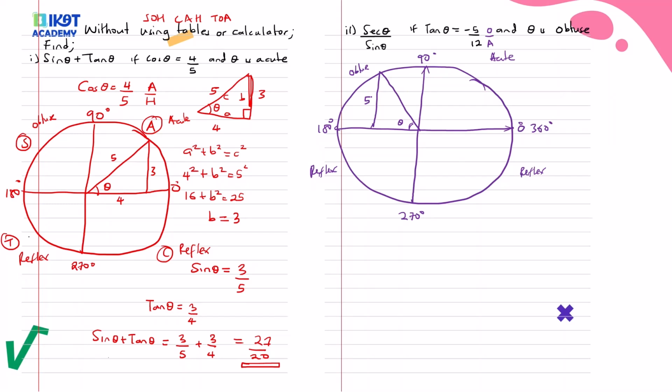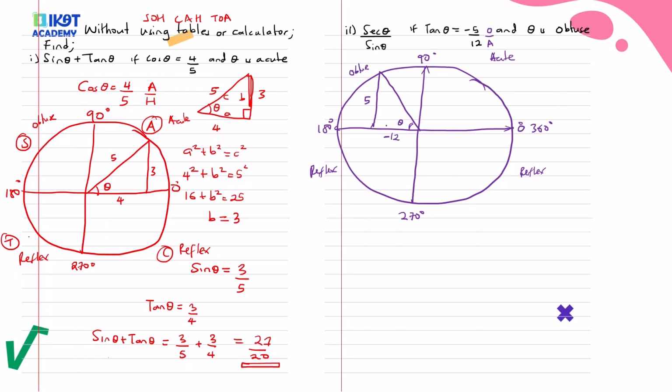So I cannot put a negative here, because I know that the adjacent is 12, so I would put 12 here. But because I know this is on the negative side, it's 5, and this is negative 12. I don't know if it makes sense. This is negative 12 because it's on the negative side: if you imagine this was an x-axis, this would be negative 12, so it's a negative side, but this side is positive.